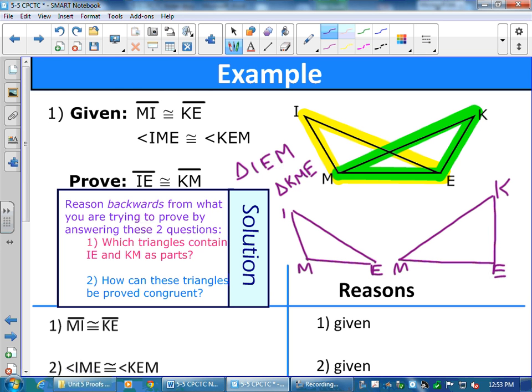I have MI congruent to KE. So I drew it on both diagrams, the one that's together and then the one I separated. I know angle IME, that's here, is congruent to angle KEM. That's here. So that means I have two things, but I need to get three things. So if you notice, there's a reflexive of ME.